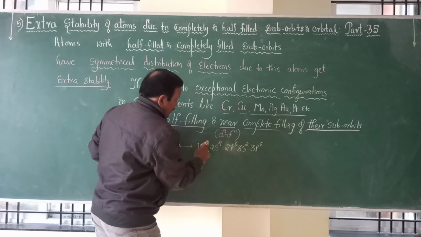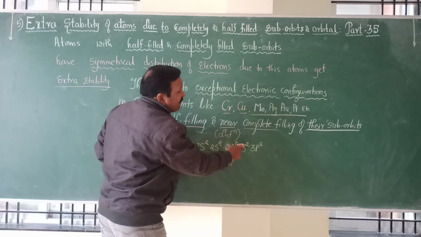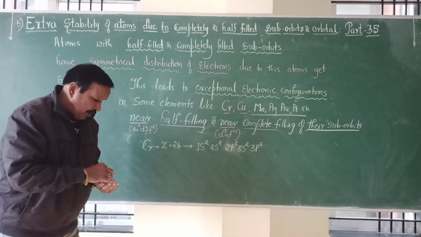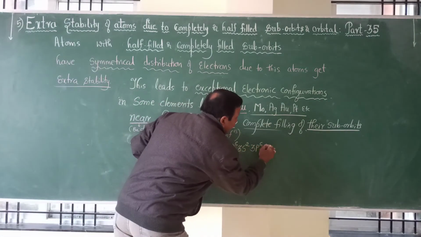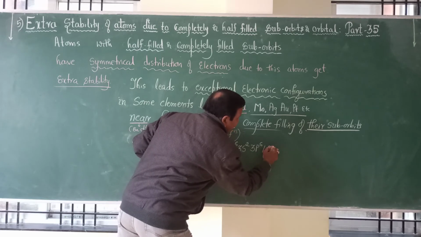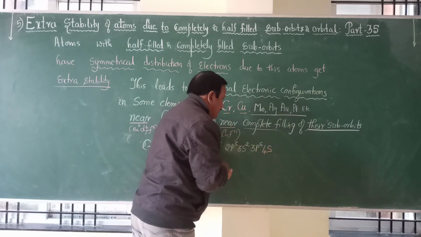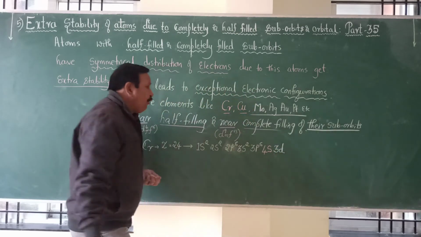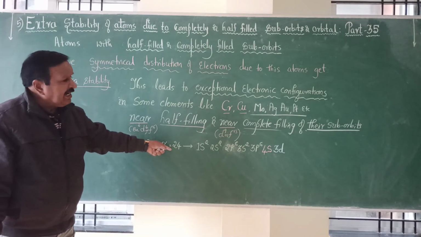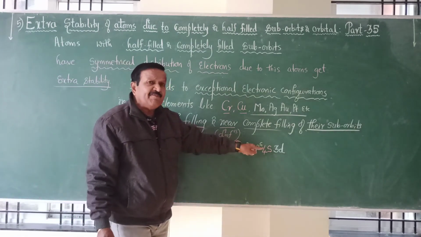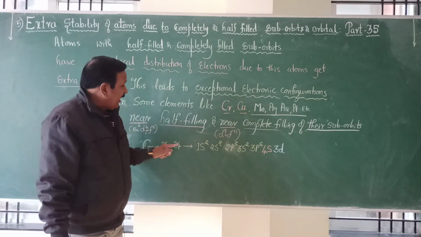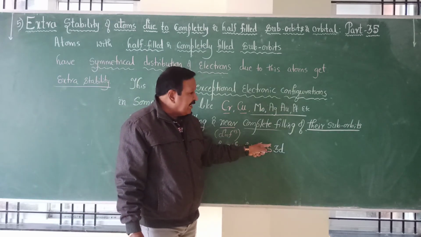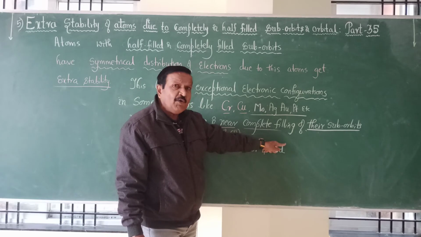Count them: 6 plus 4, 10, 10 plus 2, 12, 12 plus 6, 18. Then you know very well 4s will come first and then 3d. How many electrons are left? 18 electrons we already filled, these are completely filled. And 6 electrons we have to distribute. So 2 electrons will be in the s orbital and d4 will be there.